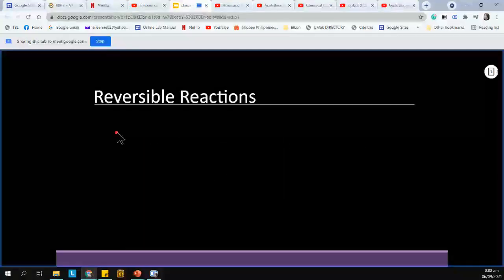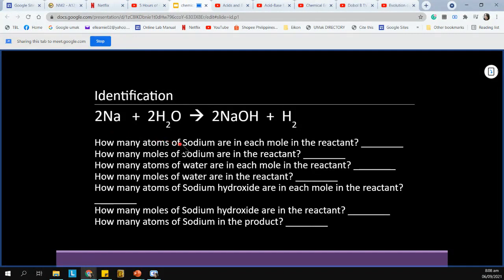Pag sinabing how many moles are there, saka nyo ngayon sasabihin yung dalawa dito. Pag sinabi namang how many atoms are in the reactant or how many sodiums are there in the reactant, saka nyo ngayon i-consider yung buong yon.